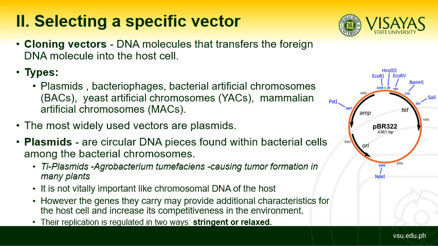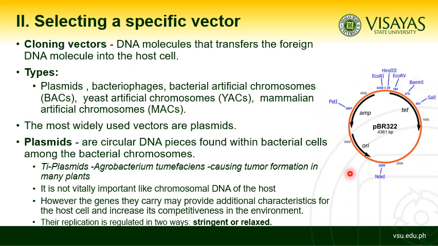The target DNA is inserted into the specific sites of the vector, and they are ligated by the ligase. Again, the target DNA or our gene of interest is inserted into a specific site of the vectors or our cloning vectors. Like this may be a cloning vector.